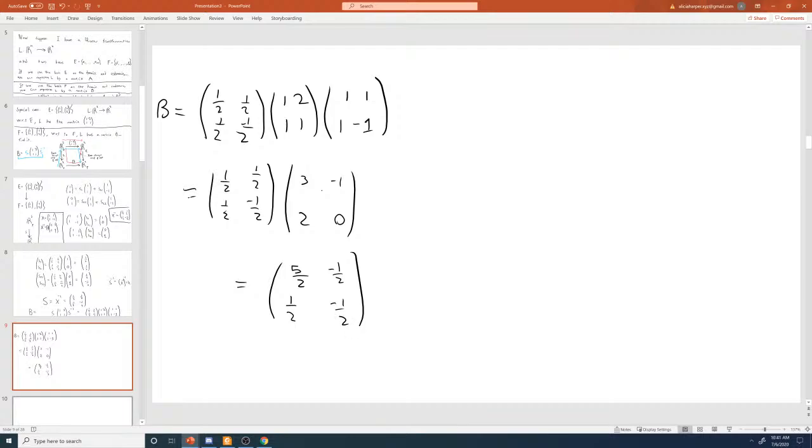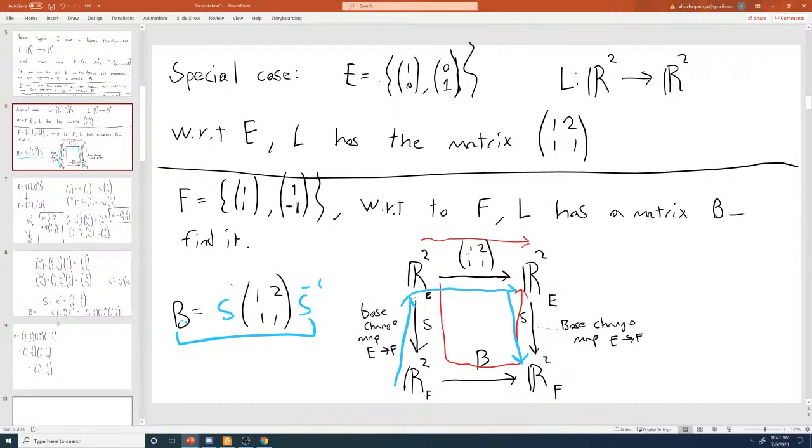And so finally, I have succeeded in finding B. And so B here, the representation of the linear transformation with respect to F is simply the matrix 5/2, negative 1/2, 1/2, and negative 1/2. So this is our first example of a change of basis problem.